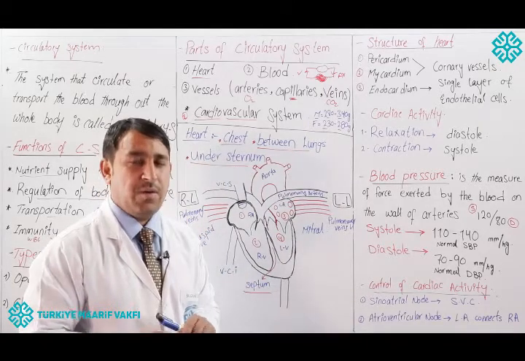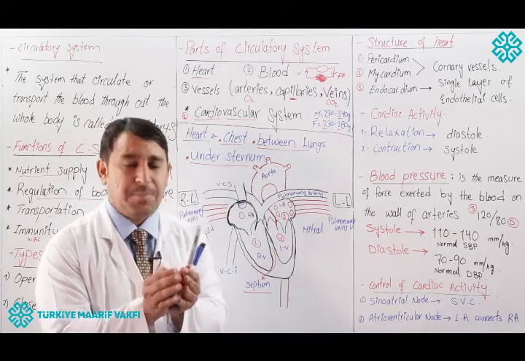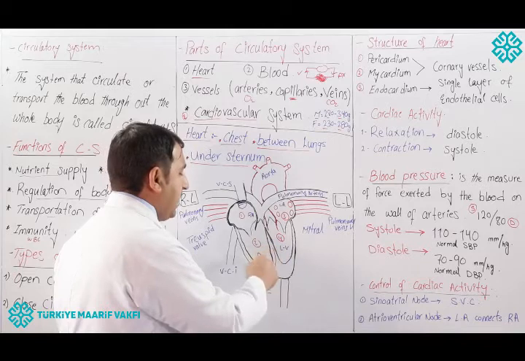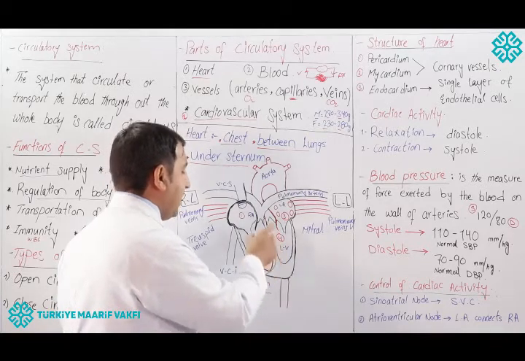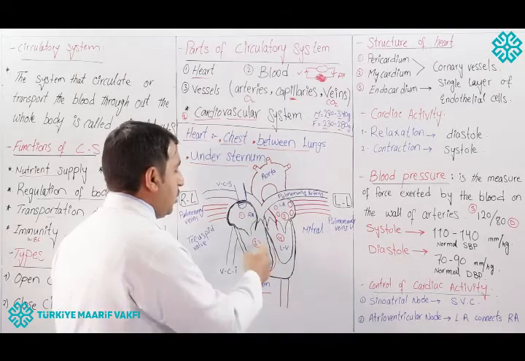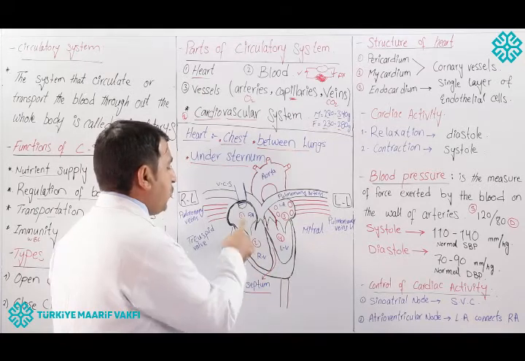It is the muscular valve. So we can say our heart is like a sphere, and the septum divides or separates these chambers into right and left sides.